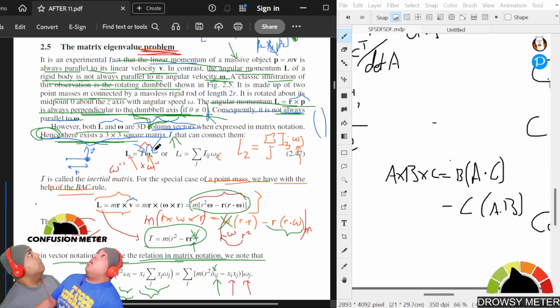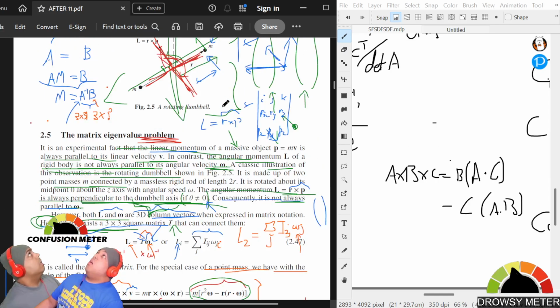So L equal I omega, or the i-th component of L equal, I think this is just the matrix multiplication definition.